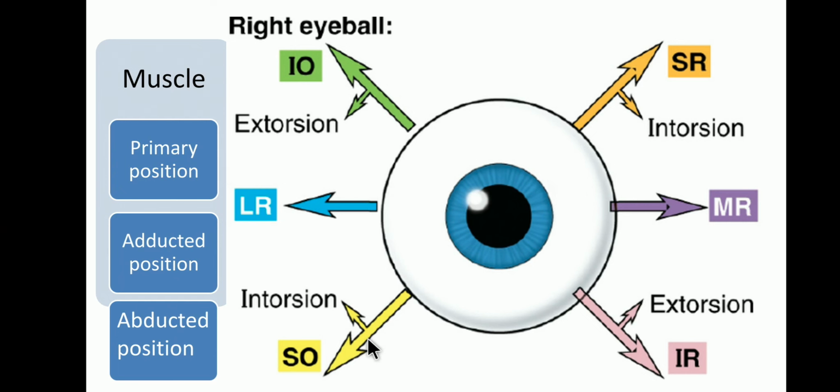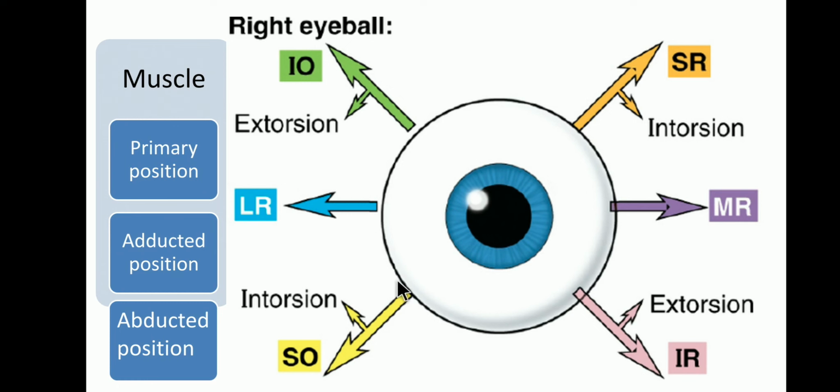In the same way, the inferior rectus in an adducted eye will bring about only extorsion, and in an abducted eye it will bring about depression.